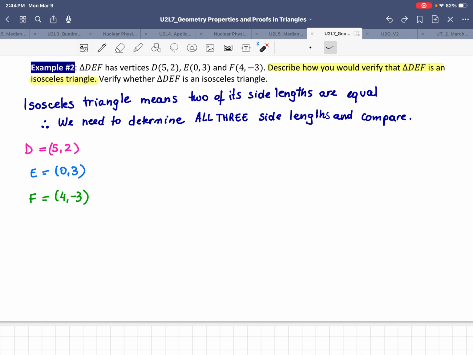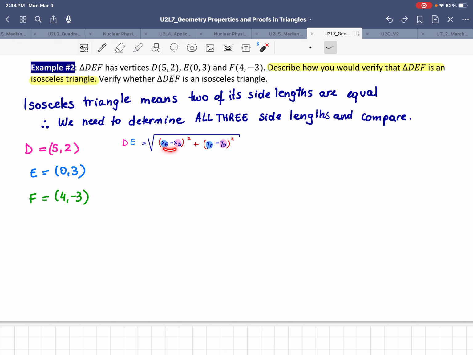So we're going to start off with the length of the side DE. Now, for the length of side DE, we're going to use the length of a line segment formula, which is the square root of x at E minus x at D, squared, plus y at E minus y at D, squared.